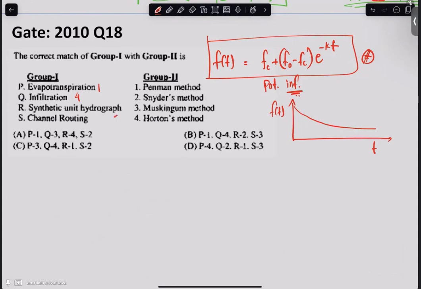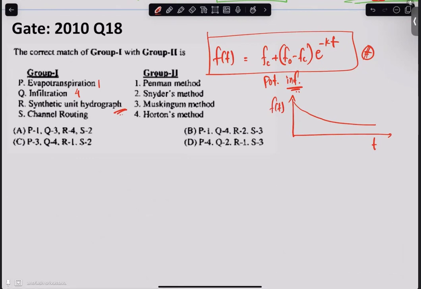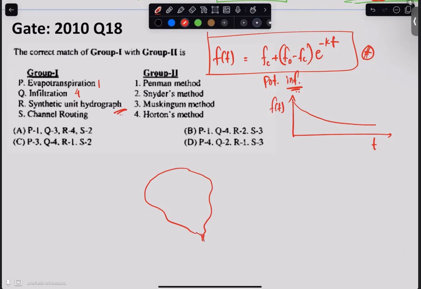Okay, now synthetic unit hydrograph. Why do we need synthetic unit hydrograph? In many cases where we have the unit hydrograph, how do we measure it? We have a flow meter at the outlet of this watershed, and then we have various rain gauge stations inside the watershed to get the precipitation in the watershed, what is the depth of the precipitation, and then what is the flow rate. So basically we are able to get the rainfall excess and the unit hydrograph.